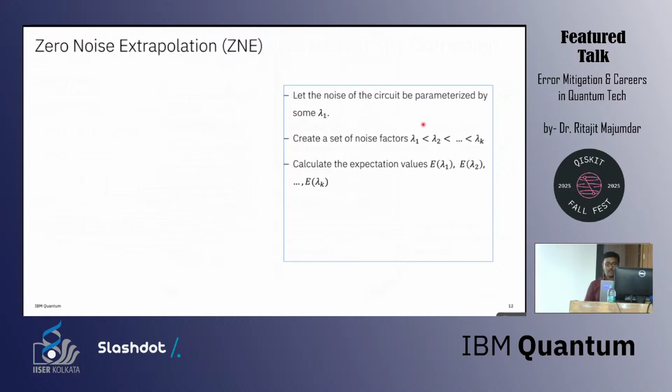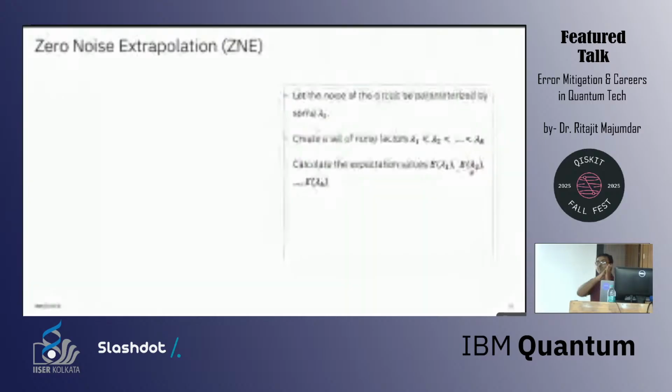Now, once we have a set of circuits which are functionally equivalent to each other but whose noise levels are different, I am going to calculate the expectation value of each of them. You can immediately understand that since the noise is growing for each of them, the expectation value will be more and more away from the ideal value.